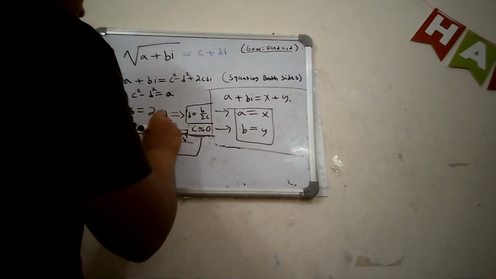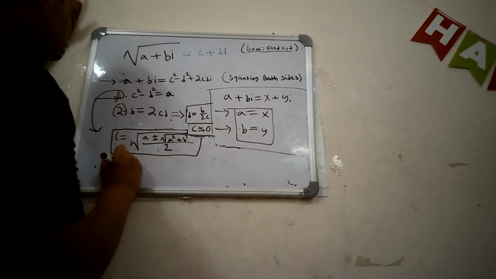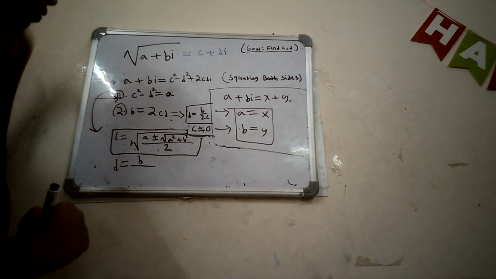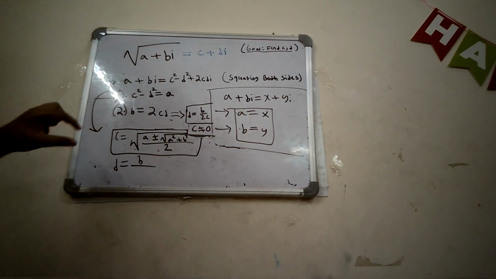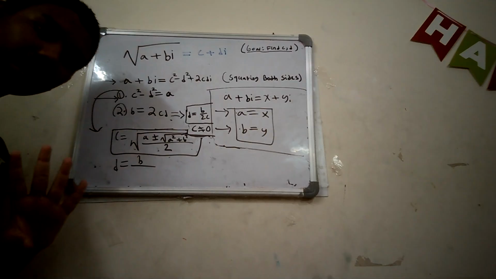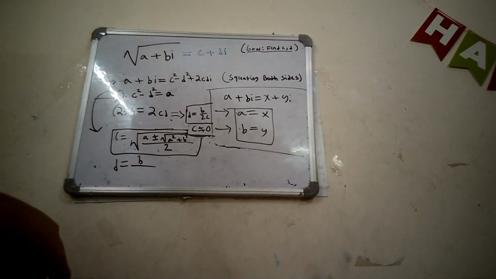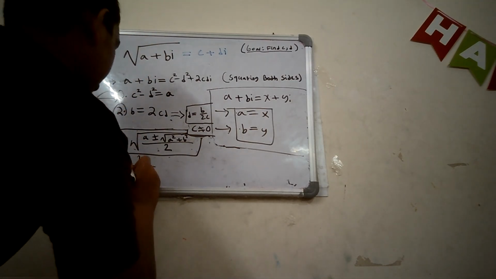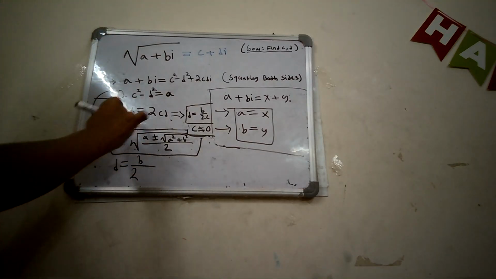So what is d? Look, d was basically b. b is unknown. But as I said, the answers will have a, b. Okay? c and d are just the other variables we're using. b upon 2 into c. 2 into c is this.